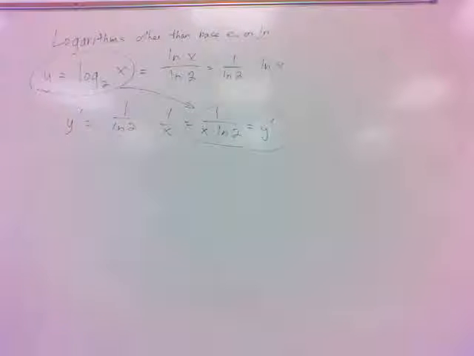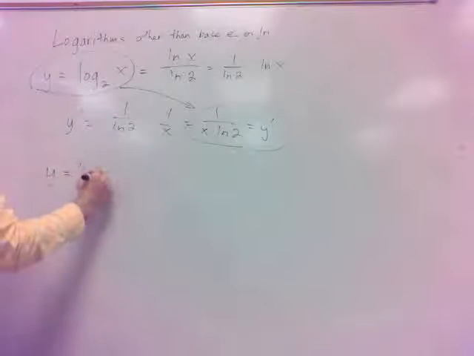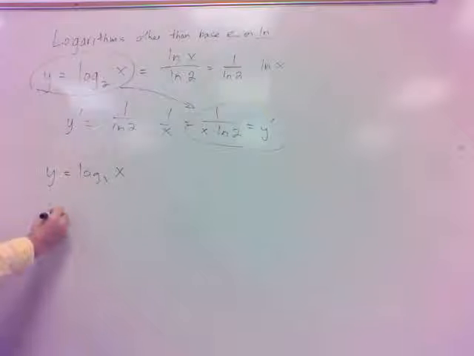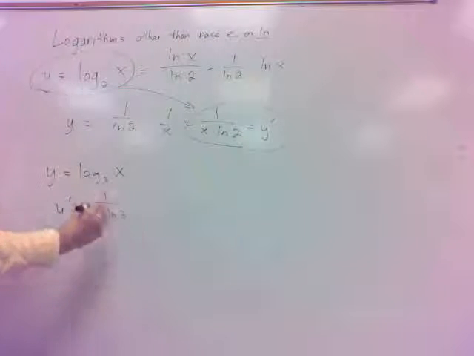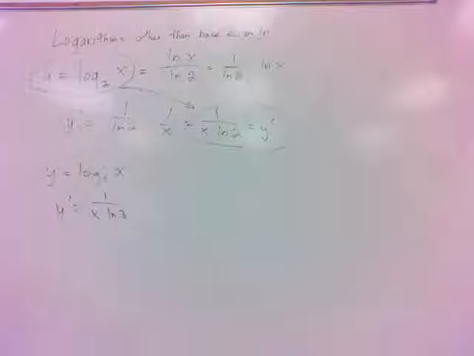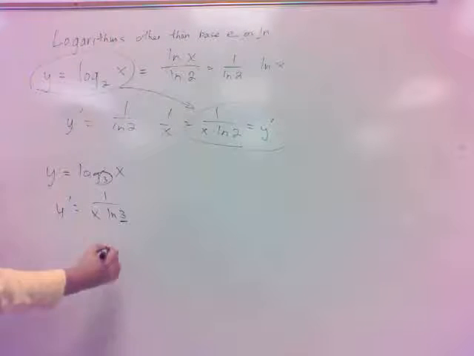Guess what it is if it's log base 3 of x? The derivative is 1 over x, but times the ln of 3. So that's really the only thing to it. If you have another base besides e, if you have something other than ln, you just have to multiply by whatever that base is.